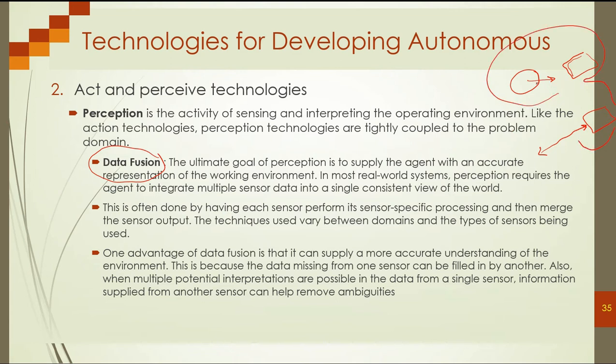As a robot, you want to move, for example, forward. So you take a photo with the camera, and you measure the distance with another sensor.